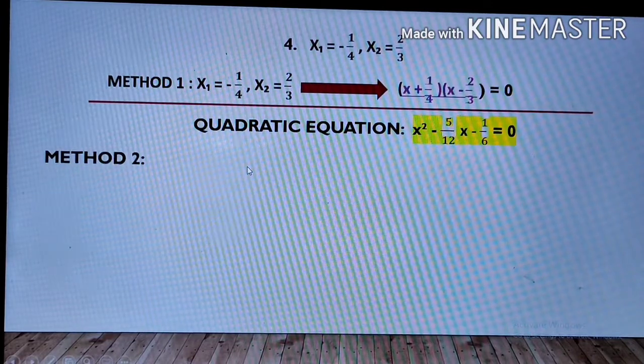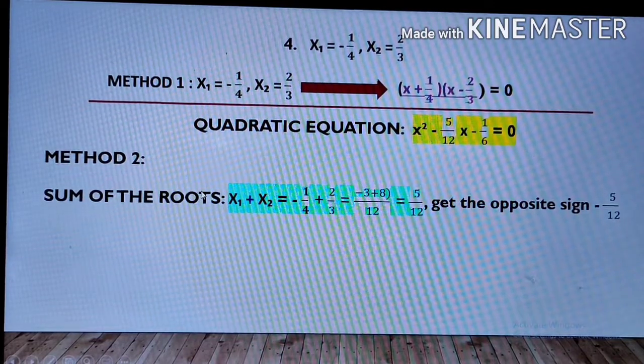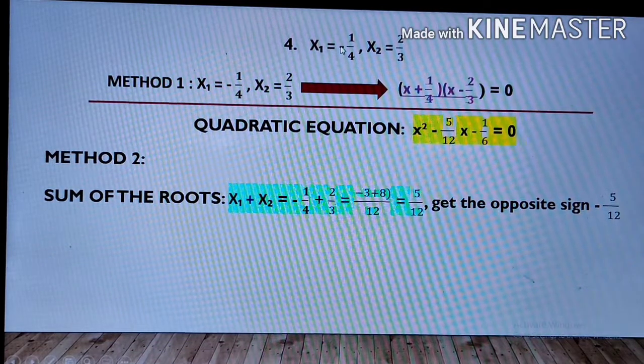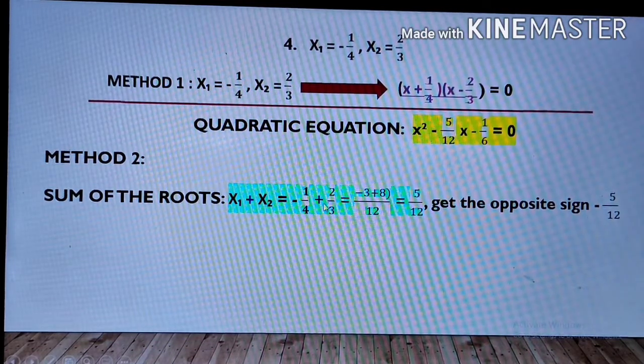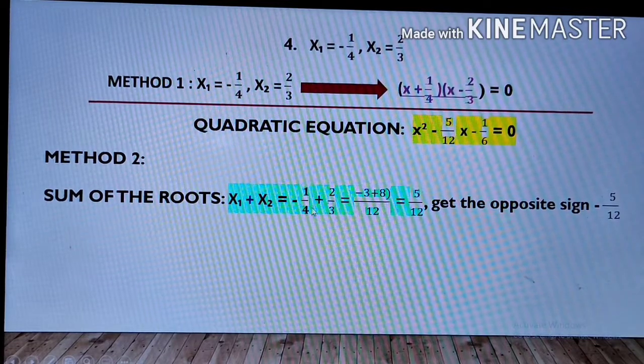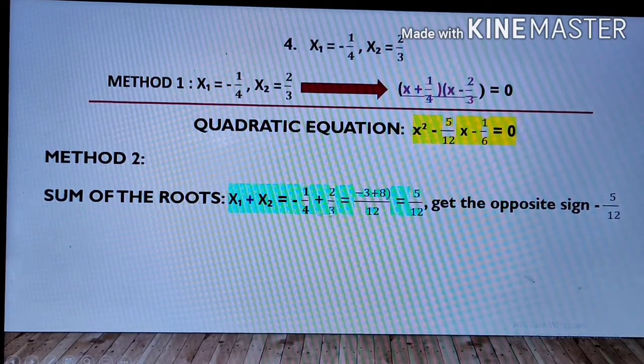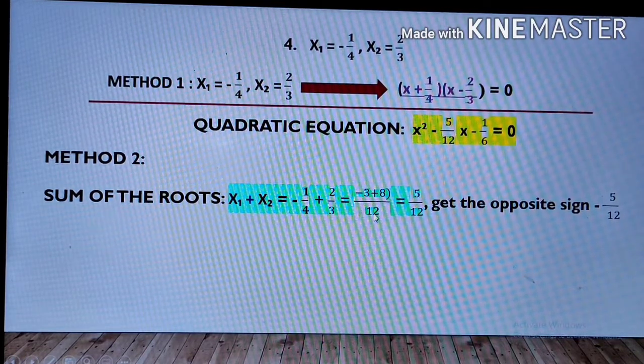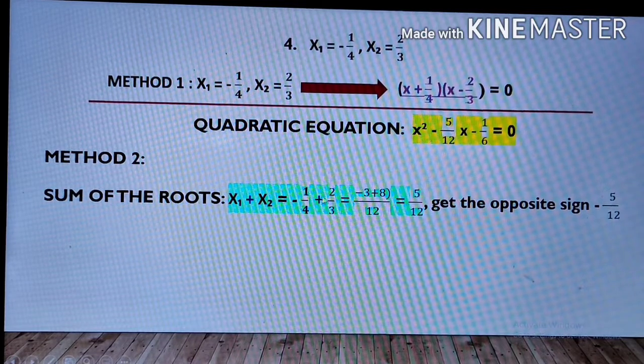Then method number 2, sum of the roots. So x sub 1 plus x sub 2. Substitute the values of x sub 1 and x sub 2. So x sub 1 is negative 1/4 plus x sub 2 is 2/3 is equal to, find the LCD. The LCD is 12. So 12 divided by 4 is 3 times negative 1 is negative 3, plus 12 divided by 3 is 4 times 2 is 8.